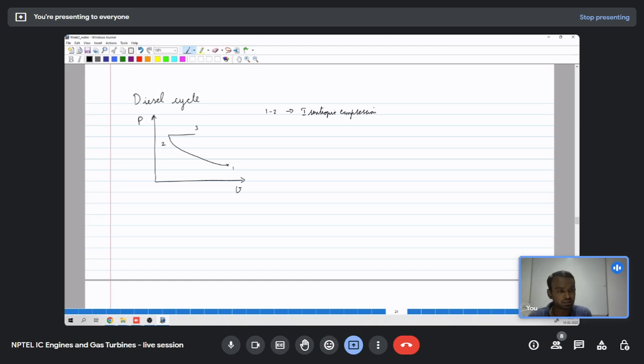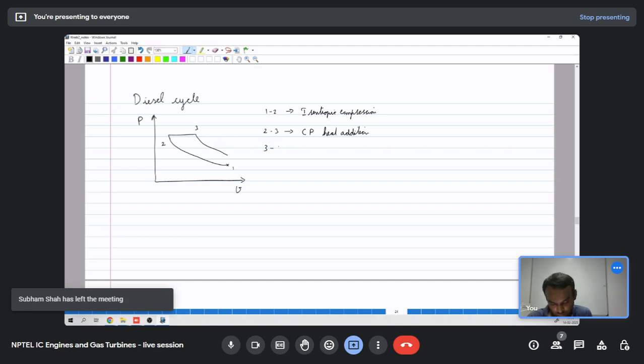That means it is a horizontal line in a PV diagram. So 2 to 3 is constant pressure heat addition, and 3 to 4 is again isentropic expansion, same as the Otto cycle.